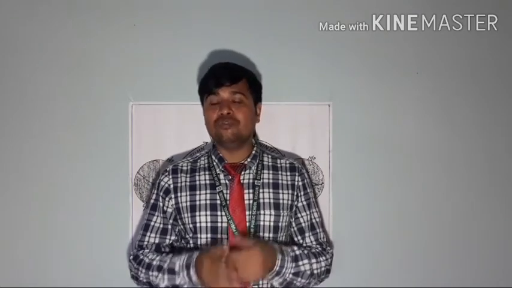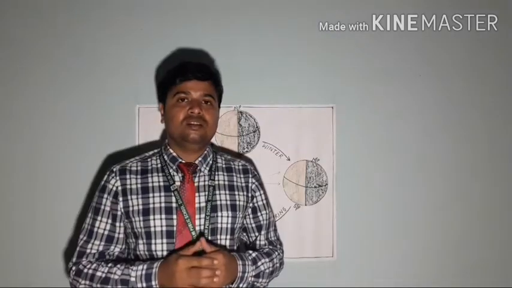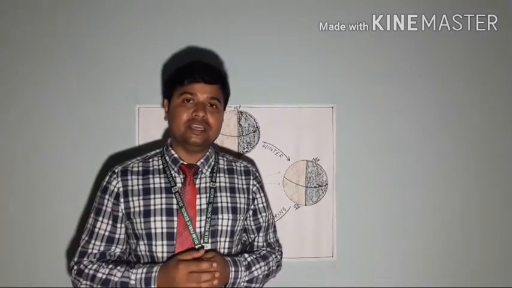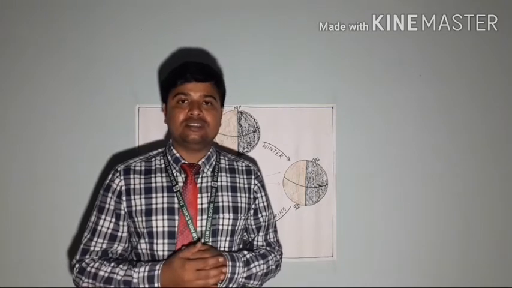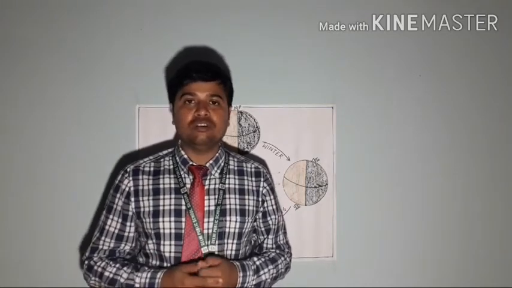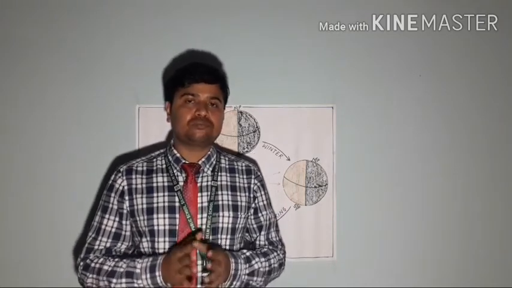There are two solstices and two equinoxes. One is summer solstice and winter solstice. Another is spring equinox and autumnal equinox. Now I will explain solstice and equinox in detail.